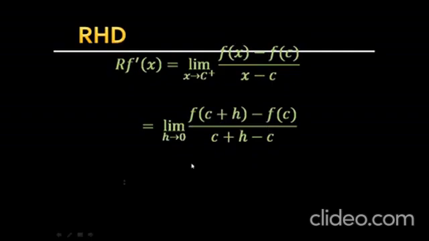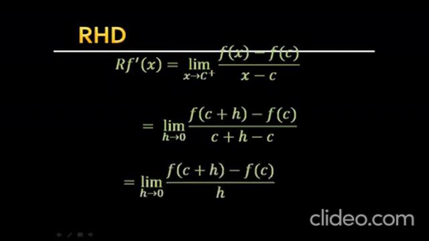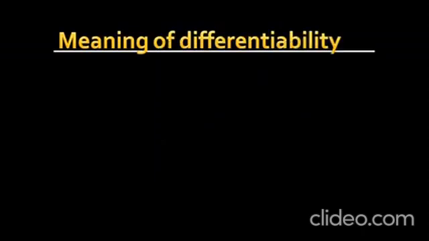After writing it, we can say limit h tends to 0 of f(c plus h) minus f(c) upon h. And then we can say the left hand differentiability is equal to the right hand differentiability. So it means the differentiability holds.